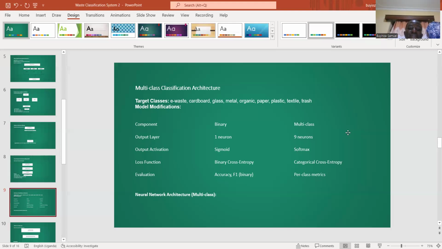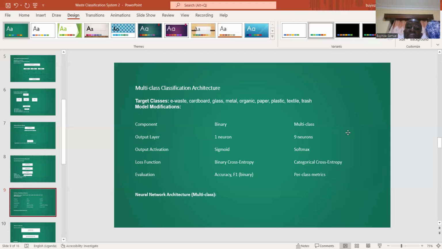Then when we come to the loss function, we have binary cross entropy, and we also have categorical cross entropy. When we come to evaluation, that is the last bit of it, we have the accuracy, and F1, which represents the binary. Then we also have the per-class metrics.